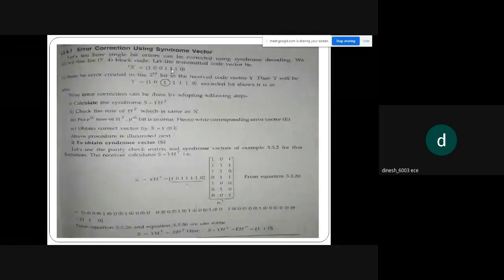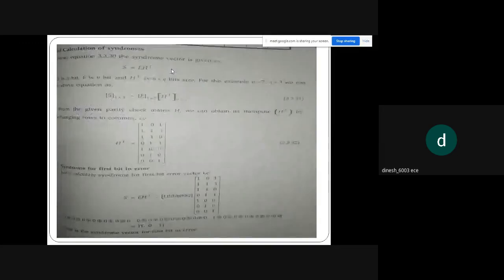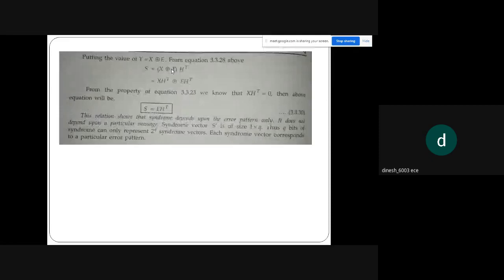Okay, understood this? Now, how do we obtain the corrected vector? The corrected vector formula is x is equal to y modulo 2 addition e. I want to find the corrected vector.